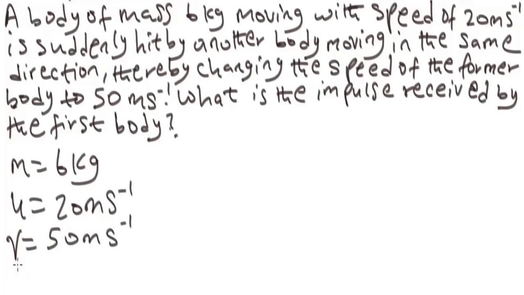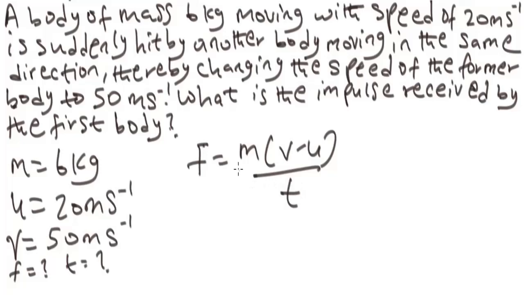F is unknown and t is unknown, so we are going to apply this formula under Newton's second law of motion. F equals change in momentum over t. When we cross multiply, we have Ft equals change in momentum.